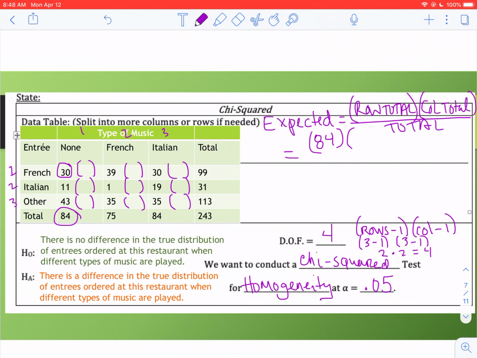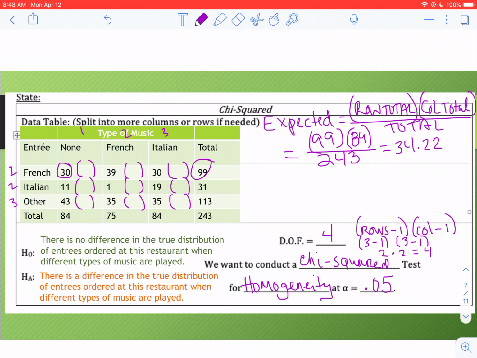Oh, I'm sorry, that was the column total. Apologize. So the row total, which is 99, times the column total, which is 84, divided by the total, which is 243. When you do that, you should get 34.22.